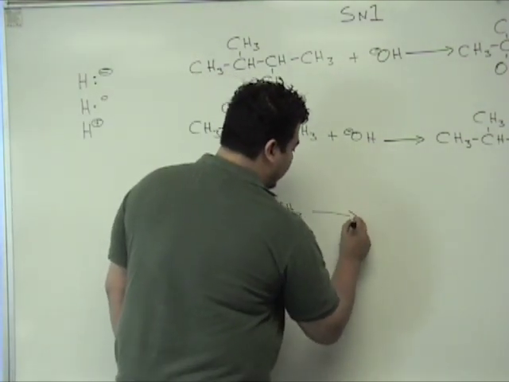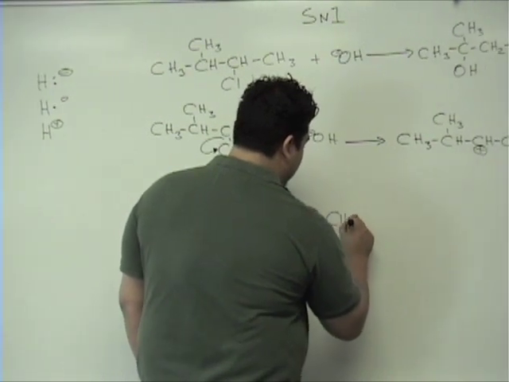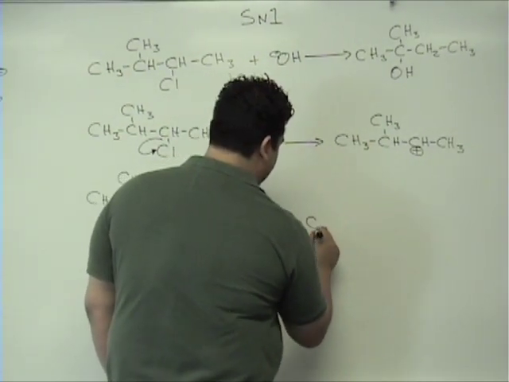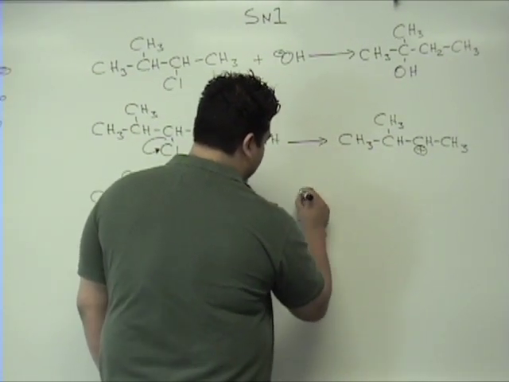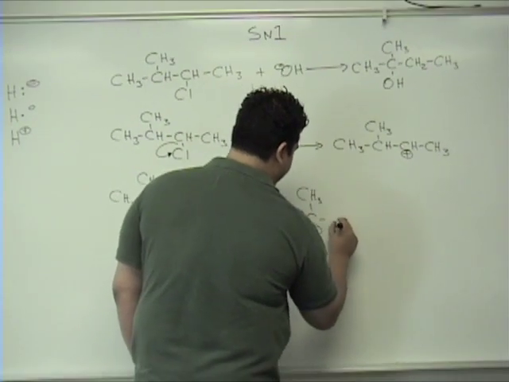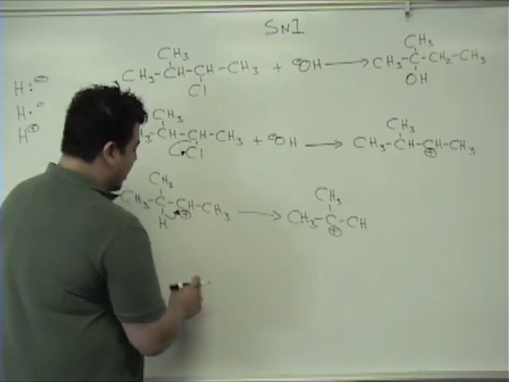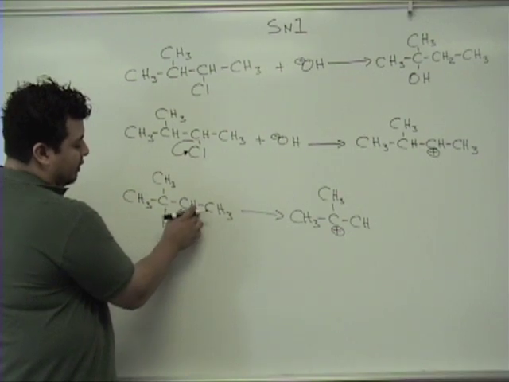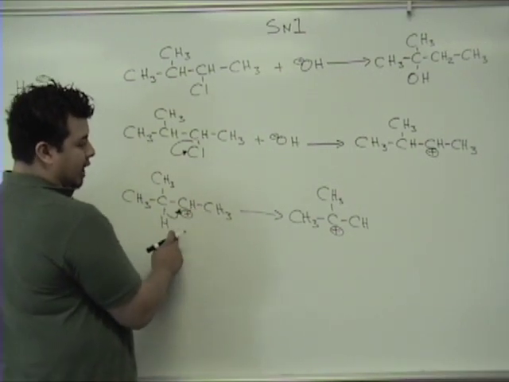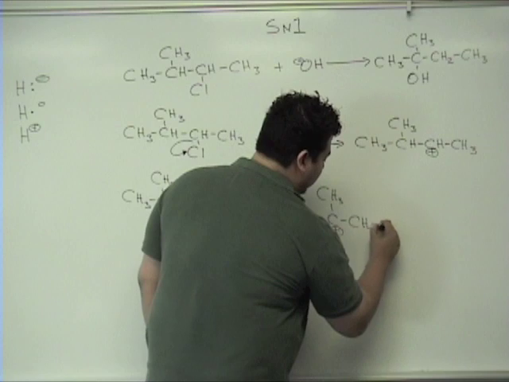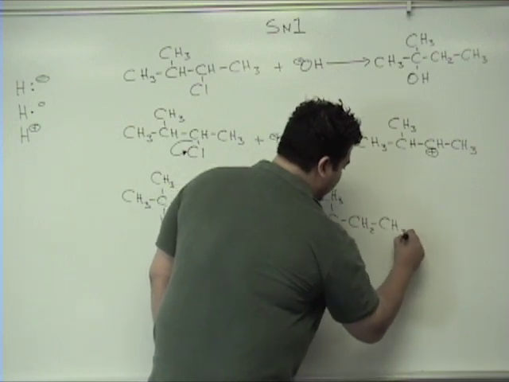So what's going to happen is we have CH3, C, the empty orbital right here, CH3 up here, CH. Now this carbon is going to have 2 hydrogens because of the hydrogen shift. So CH2 and CH3.